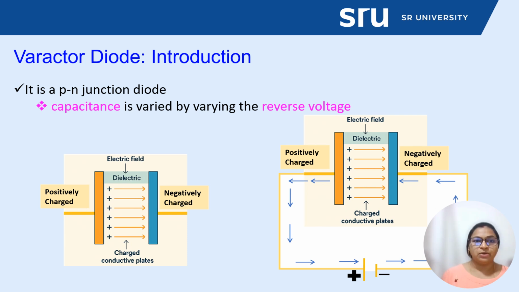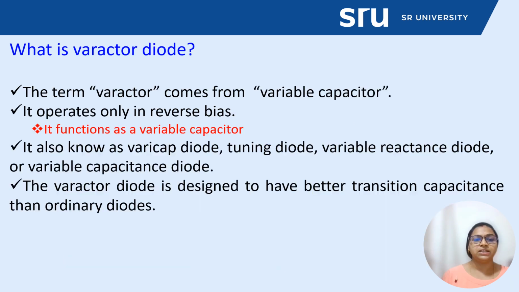So now let us look at what a Varactor diode is. It basically originates from variable capacitors. The Varactor diode operates only in reverse bias, meaning the manufacturer makes this diode in such a way that it will operate in reverse bias.